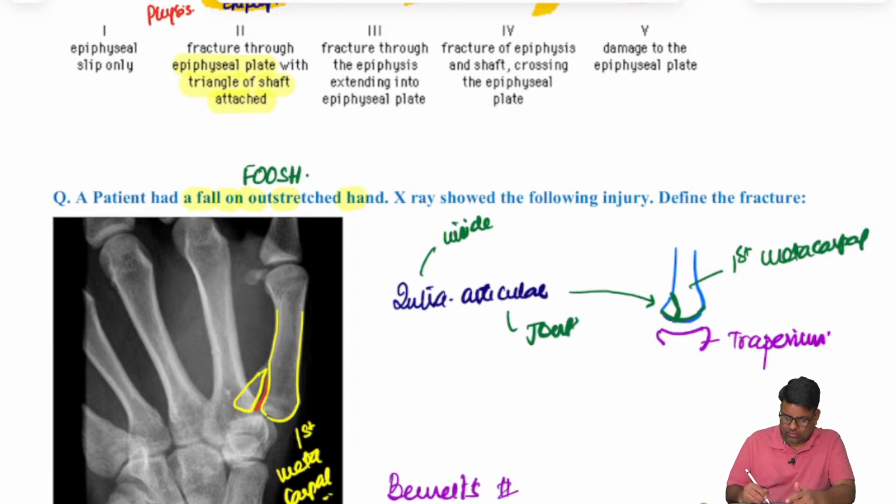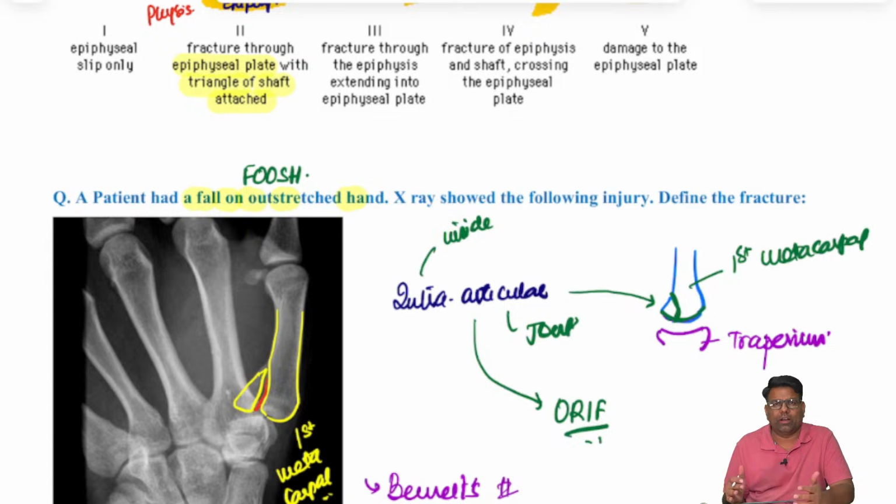fracture, right? So this is Bennett's fracture, and since it is involving the articular surface, the surgical principle is always to do open reduction internal fixation for intra-articular fractures, because you have to restore the articular congruity of the bone, otherwise that will result in degradation of the hyaline cartilage, and the patient can go into secondary osteoarthritis, right?